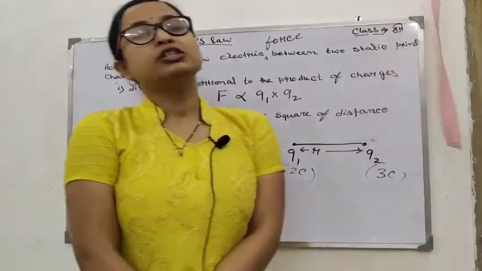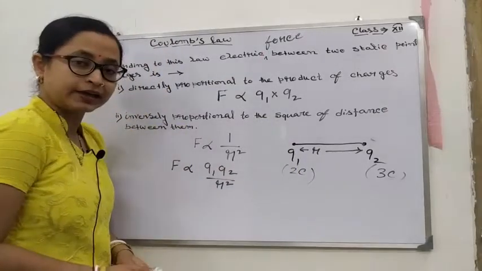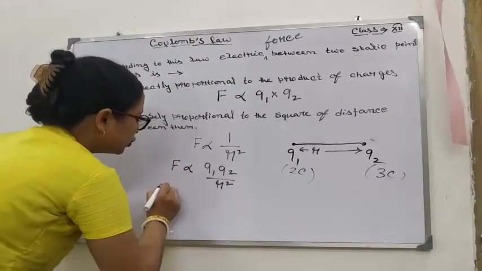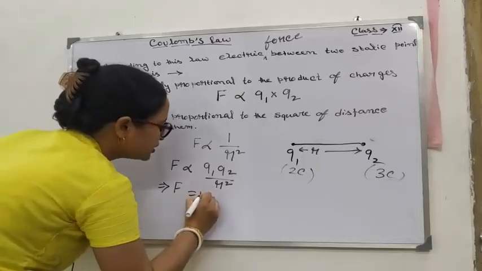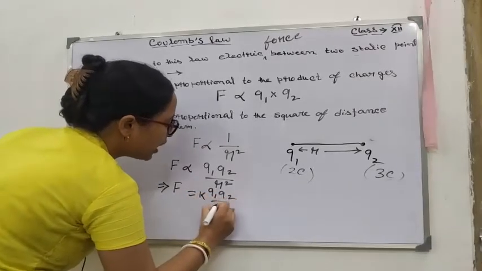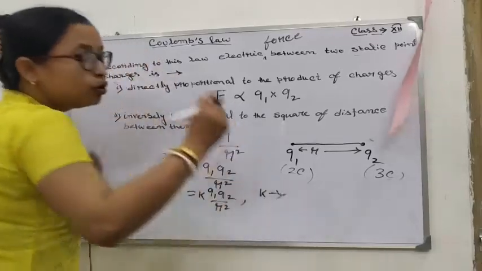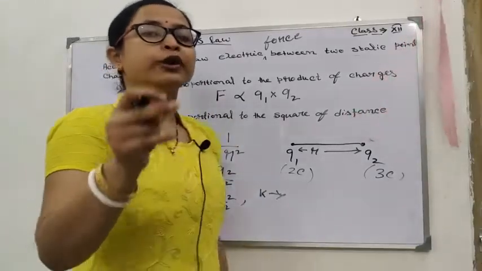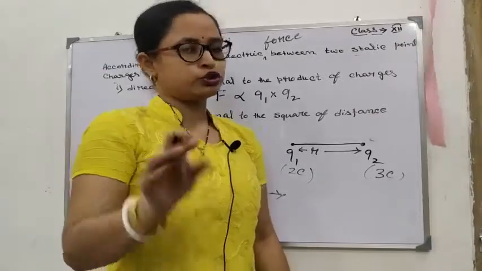Now, from the knowledge of mathematics, we know that whenever we replace the proportional sign by an equal sign, we have to bring one constant. Here the constant is K, small k, Q1 Q2 by R square. Here K is known as Coulomb's constant, or you can also mention it as electric force constant.